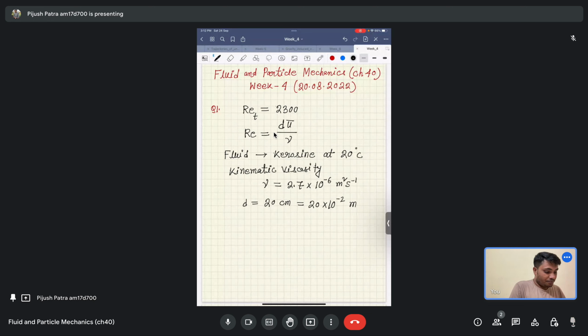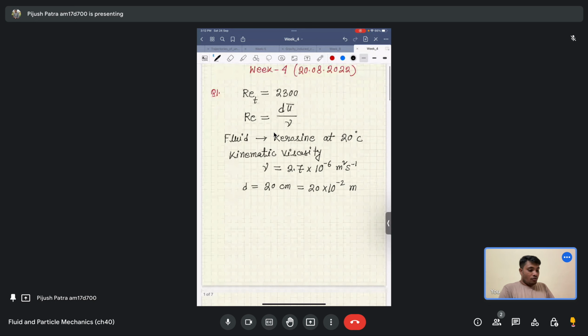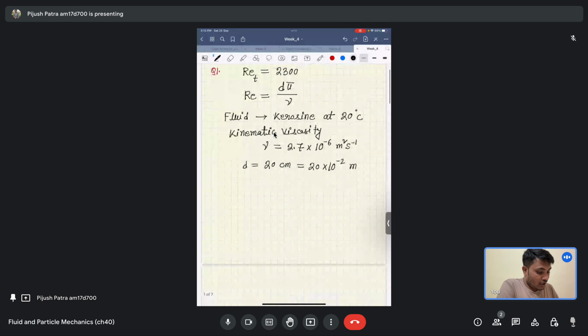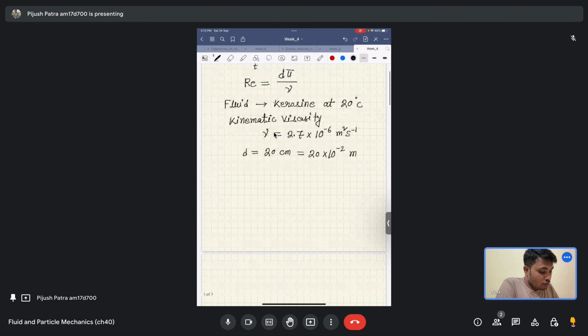Now, the Reynolds number is based on this. So what is the average velocity? Since we want the condition that causes transition, I have to consider that the Reynolds number is 2300. So Re is equal to d u bar divided by nu.